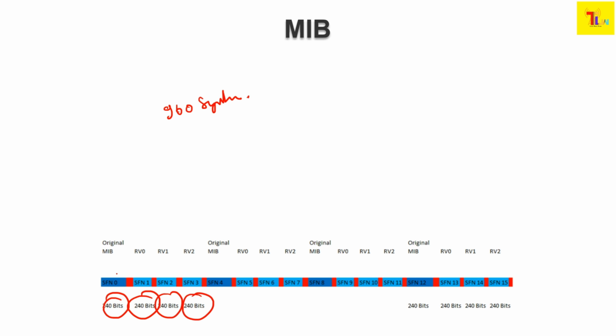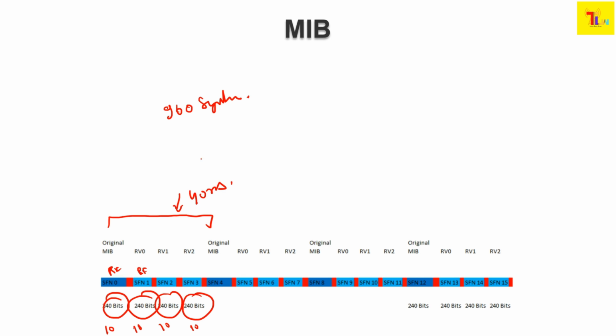Further, they are mapped in each radio frame. Each radio frame is 10 millisecond, so by the figure you can say it becomes 40 millisecond.